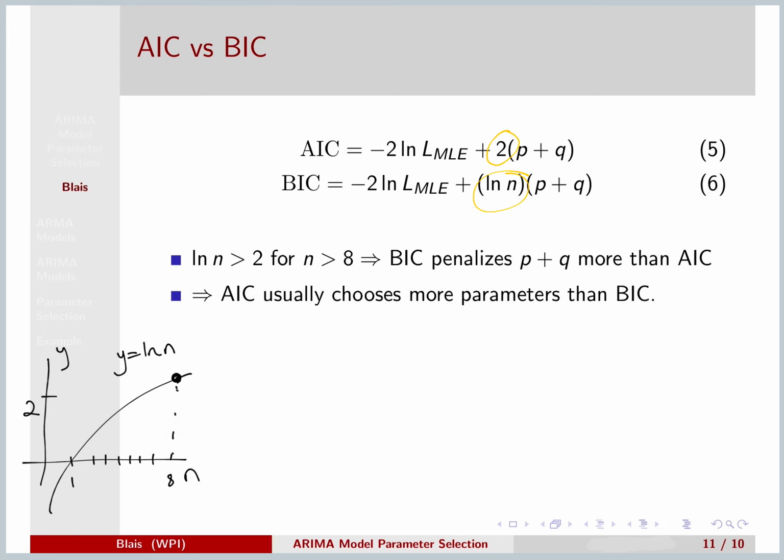So once your sample size gets to 8 or more, your BIC is penalizing P plus Q more than AIC. And as a result, AIC will usually choose more parameters than the BIC, just because the penalty for parameters in BIC is more severe.